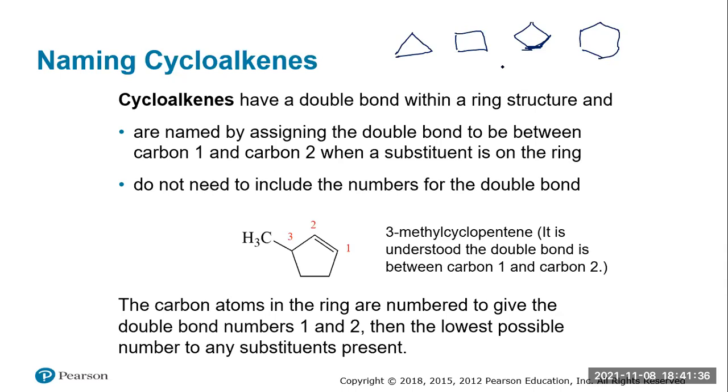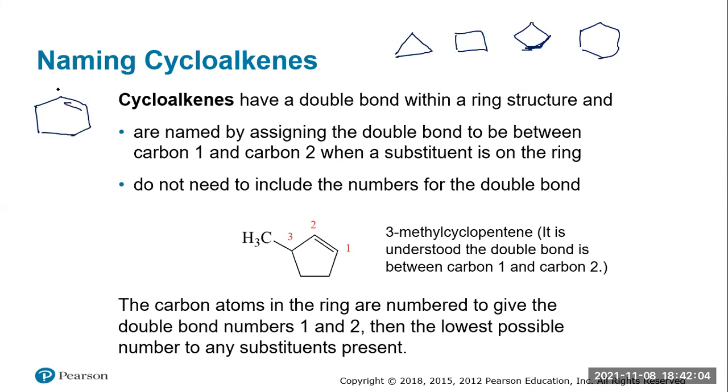And if we have a double bond, we do number the substituents that are attached based on the double bond location. So the double bond location is always going to be carbon number 1. But there's an important thing when you have a double bond.